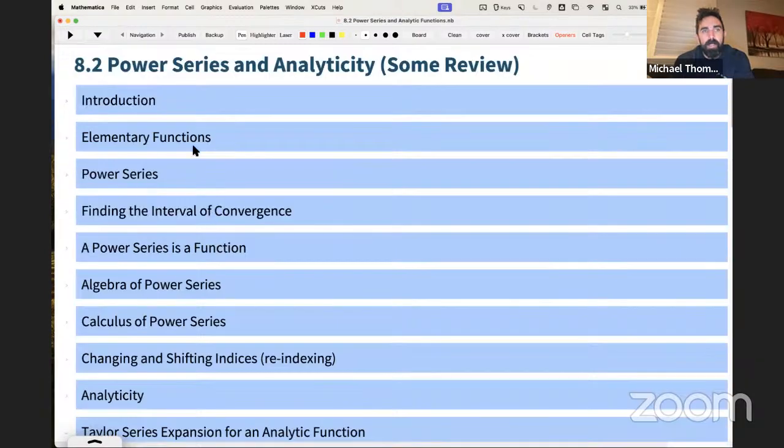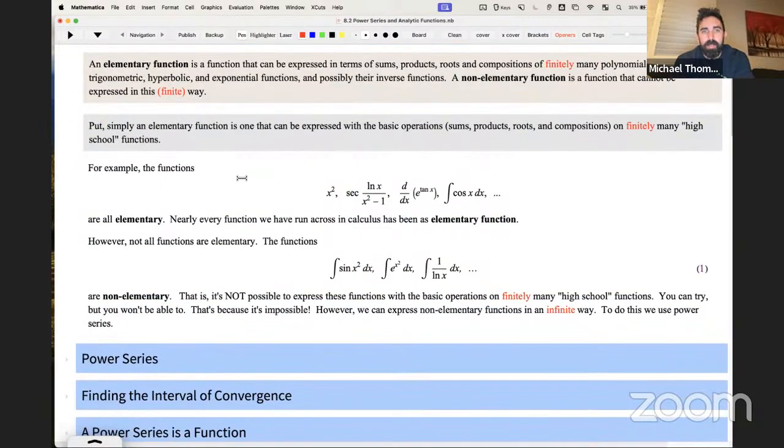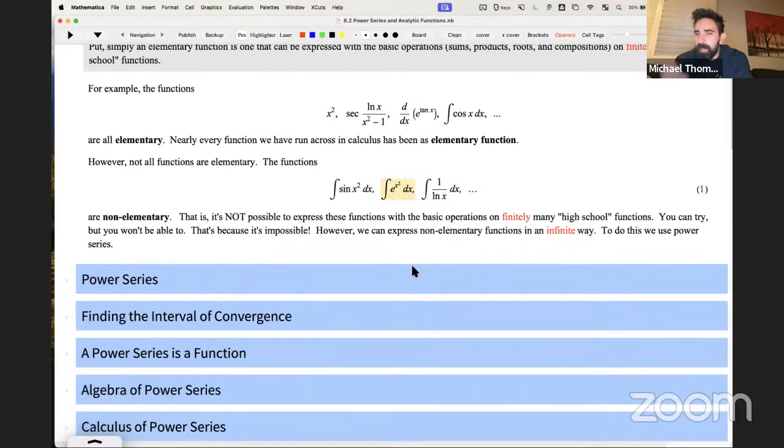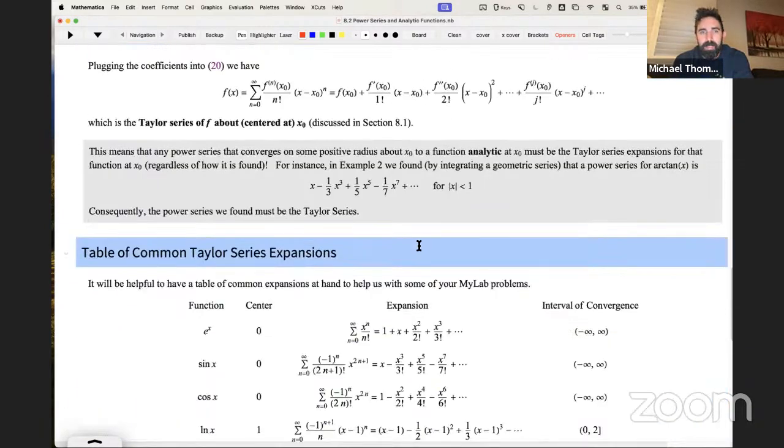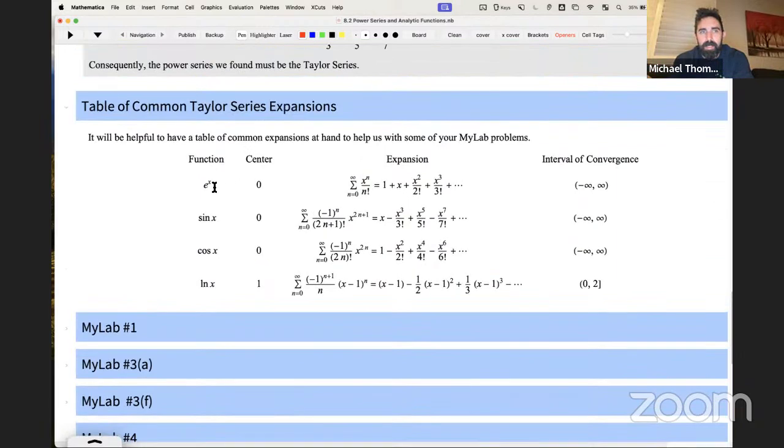So one of the first questions that we ran across was, how would you integrate something like that? You can't do it using Calc 1 techniques. Well, what you could do is find an expansion for e to the x squared, which is this guy, where you replace x with x squared. So replace all of those x's with x squareds. The interval of convergence is still negative infinity to infinity, and then you just integrate term by term.